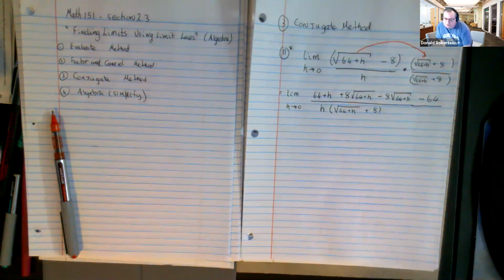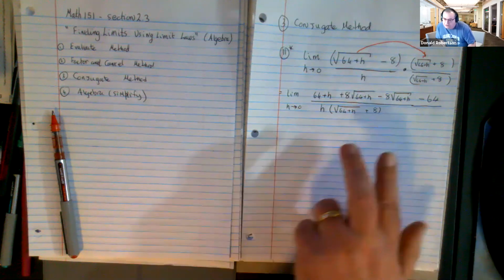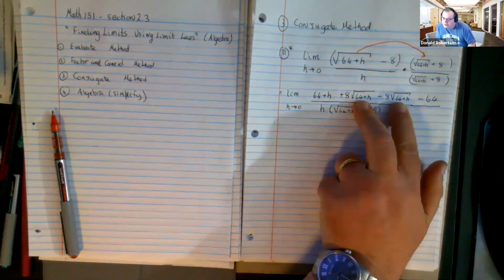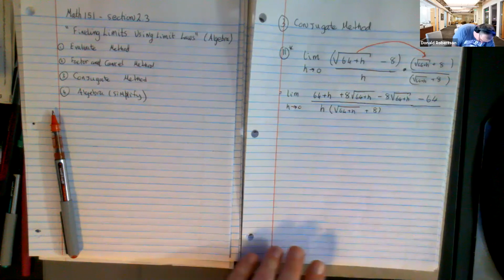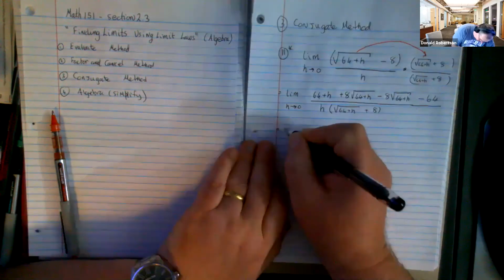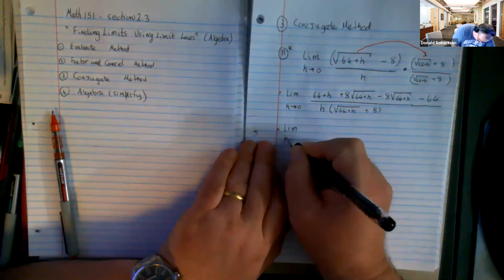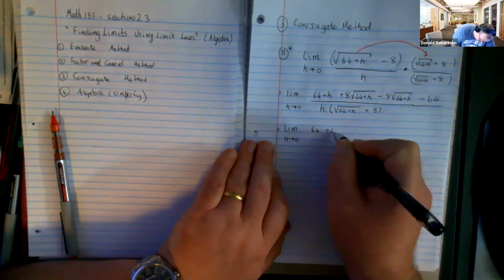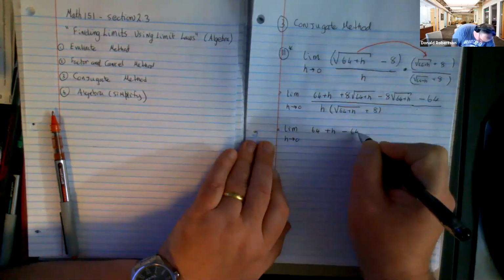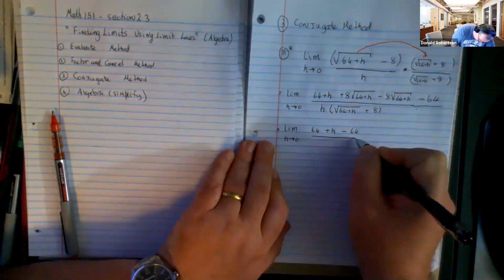I know this is only the second one that we've seen, but have you noticed that the same thing happens? Don't these two guys in the middle always cancel each other out? And so what you're going to be left with is the limit as h tends to 0 of, in this case, 64 plus h, take away 64 over this stuff.